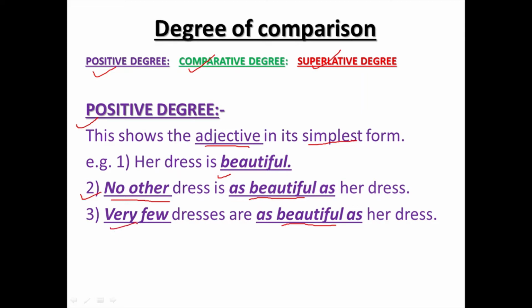Next, "very few": Very few dresses are as beautiful as her dress. Here her dress is compared with most other dresses. You can recognize that it is in positive degree because the adjective has not been changed. It is in its original form.